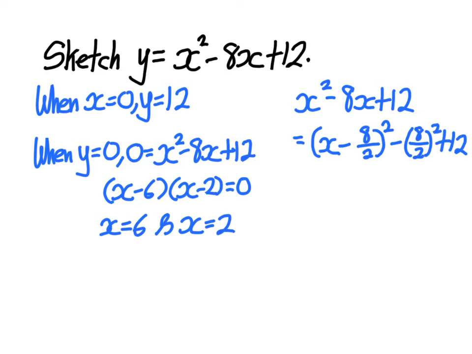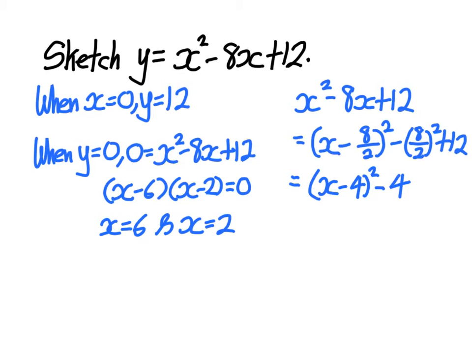Of course, if you need further revision on completing the square, please refer to the other videos on that. And on simplifying, you will get (x minus 4) squared minus 16 plus 12, which gives minus 4.